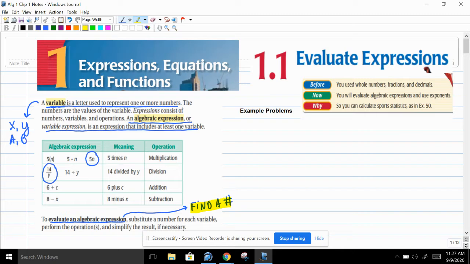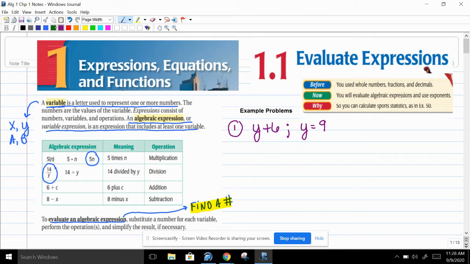So let's get a couple examples out of the way here, guys. I'm just going to change the color of my pen so we have example problems. We are going to be evaluating here. If I asked you to evaluate, I'll start real simple, y plus 6, and I wanted you to do that when y is equal to, say, 9, you would replace the variable with the value for that variable.